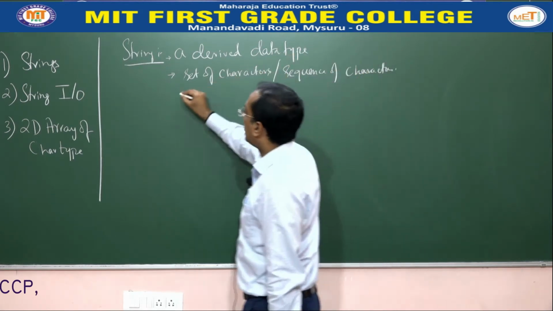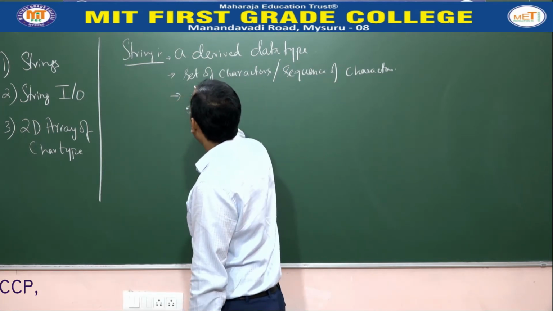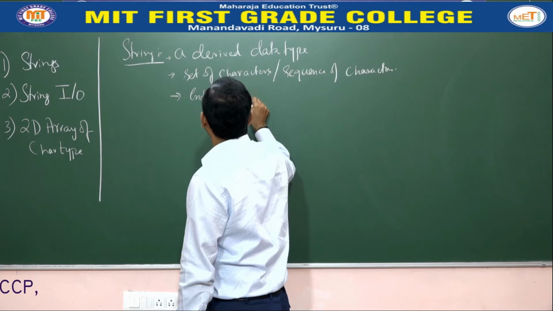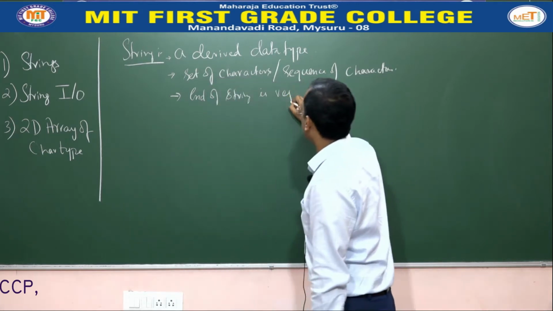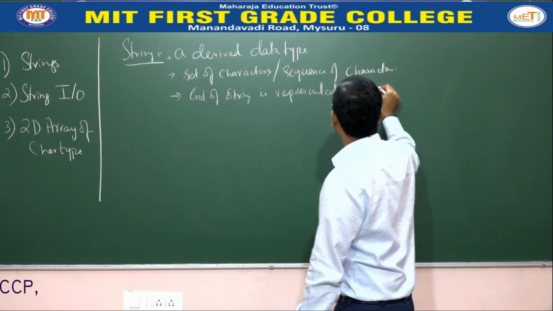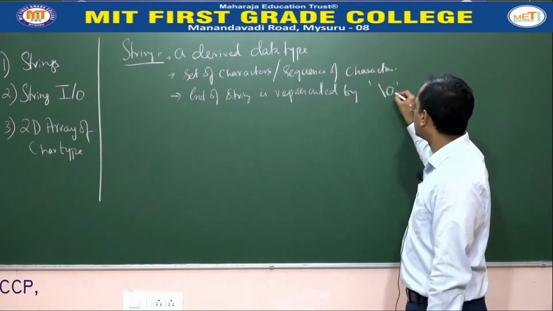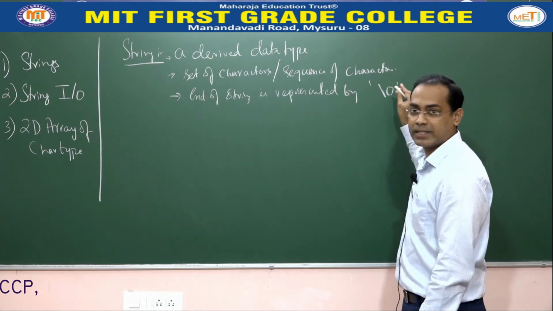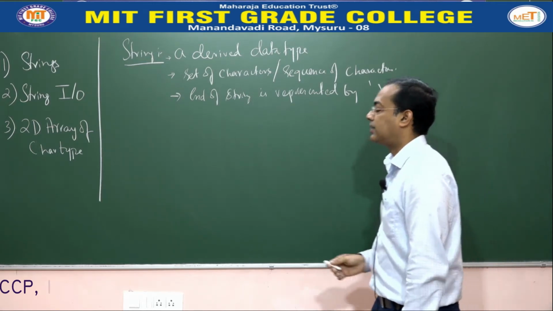And the end of the string is represented by a special character called \0. This is used to represent the end of the string.